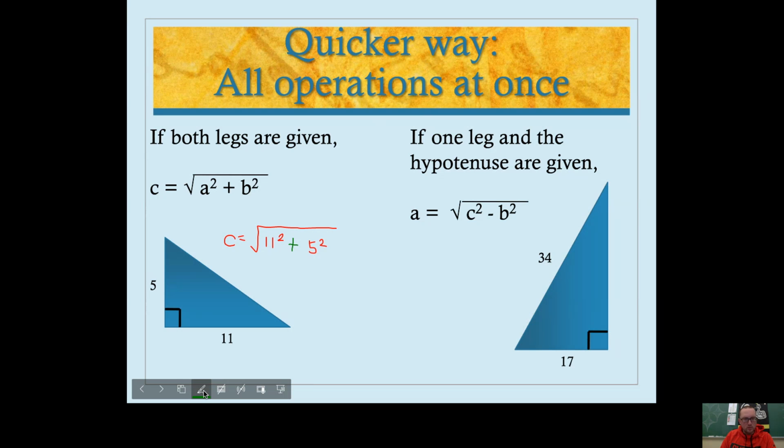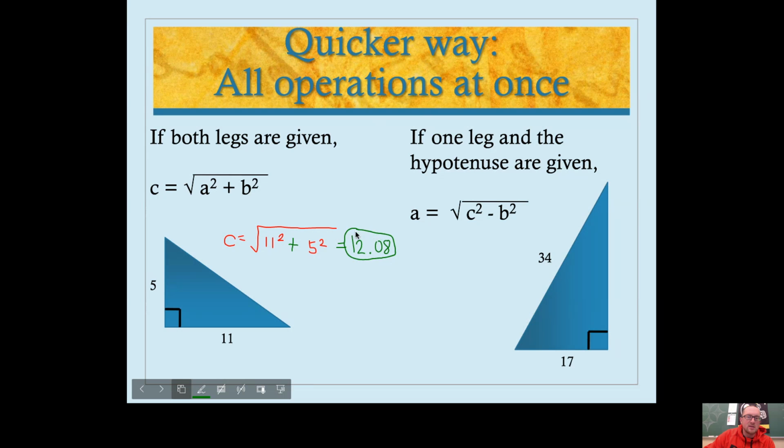We're doing square root of 11 squared plus 5 squared. And that's going to give you an answer. I'm going to keep two decimal places. It's telling me the answer is 12.083. And I'm just going to use a 0 and an 8 because the 3 is not 5 or bigger.